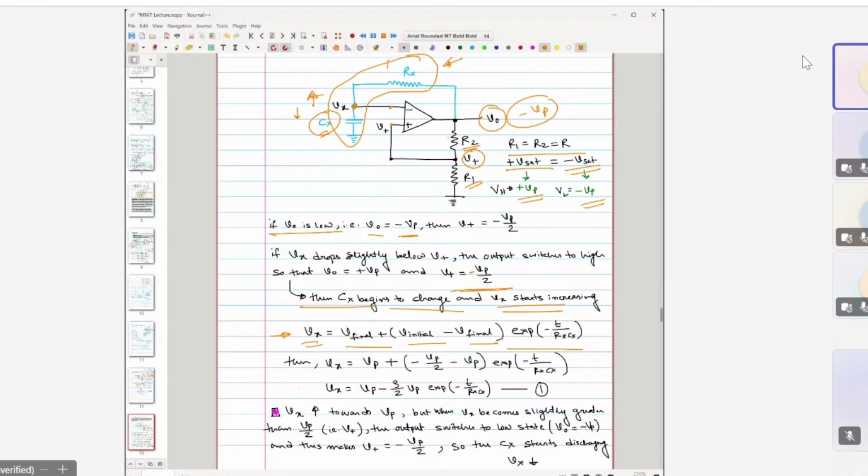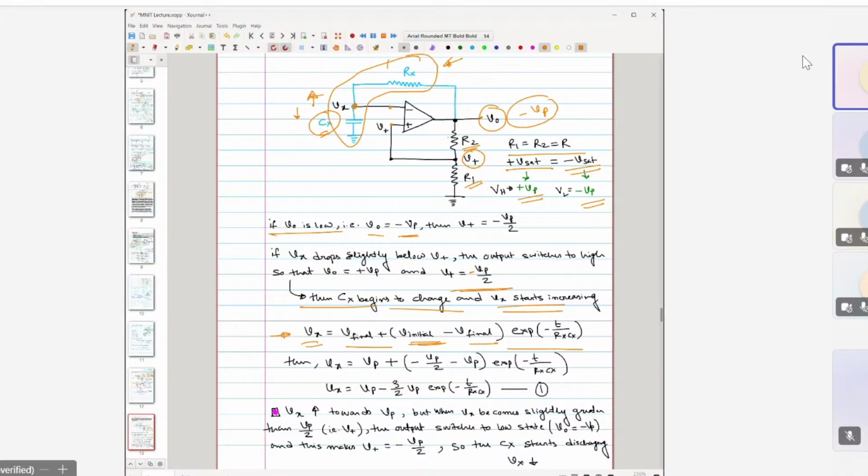Here V final is the final voltage of the capacitor, the possible final voltage, not the practical final voltage. What is the possible final voltage? It would charge to plus Vp. What is V initial?